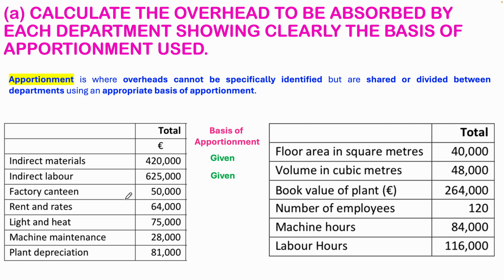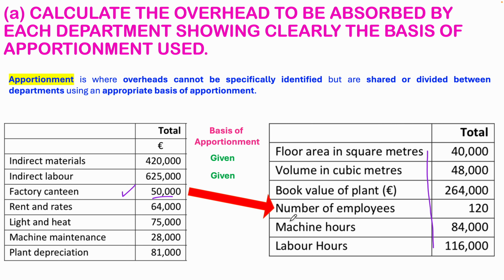Okay, so we have to look at factory canteen and we have to say, of these 6 here, which is the most suitable for us to split up the 50,000? Would it be floor area in square meters, volume in cubic meters, book value of plant, number of employees, machine hours, or labour hours? So hopefully you will think the number of employees, okay?